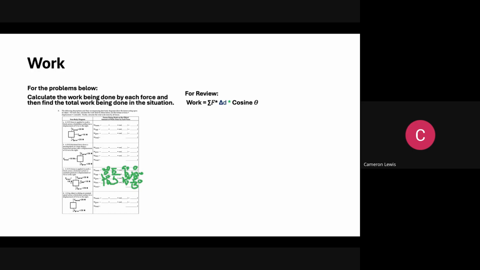Let's try and see with this next one to see if we see any similarities. And this will be our last one for the night, right? So we have a 2 kilogram object sliding across at a constant speed across a frictionless surface for a displacement of 5 meters to the right, right? So it's sliding, right?